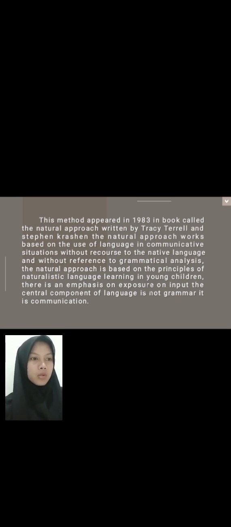It is based on the principles of naturalistic language learning in young children. There is an emphasis on exposure, on input. The central component of language is not grammar, it is communication.